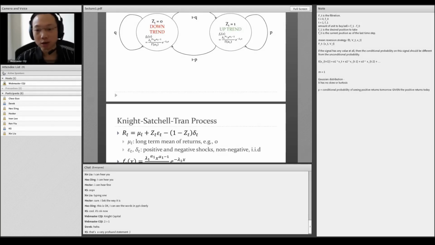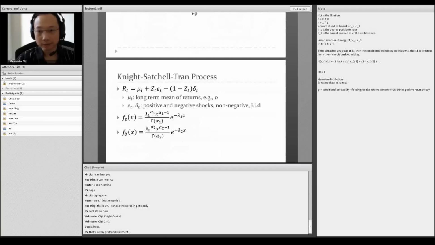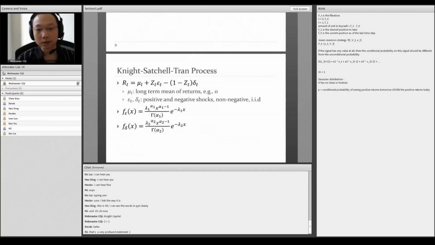Likewise, this distribution describes only the negative shocks to the market. And then you can have the unconditional returns just by combining these two.